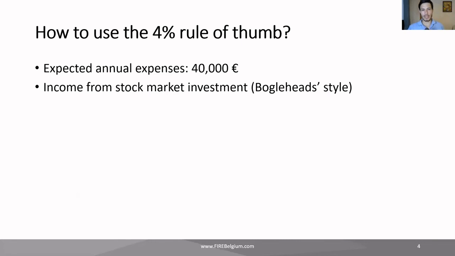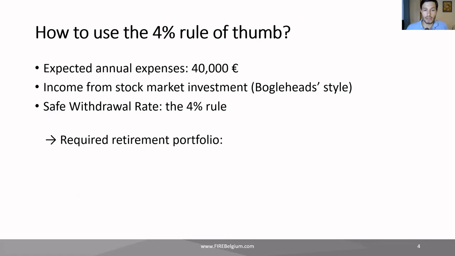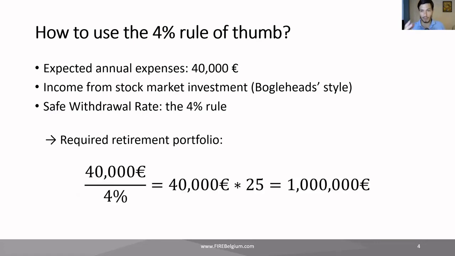They have a portfolio of stock market investments, low-cost, broadly diversified index funds, a balanced Bogleheads-style portfolio, and they apply the 4% rule because they don't have such a long period of time to wait. So let's say they're in their 50s. So 4% is decent because it's a 30-year period, plus they have a pension, which can supplement all this and basically add some backup in case you need it. And so the required retirement portfolio would be 40,000 euros divided by 4%, which is the 4% rule.